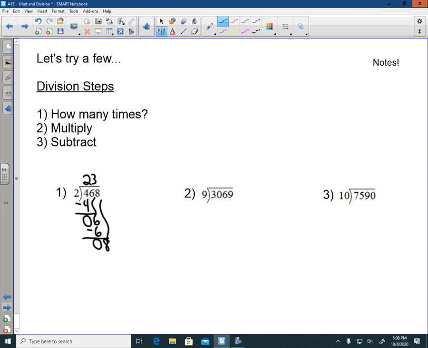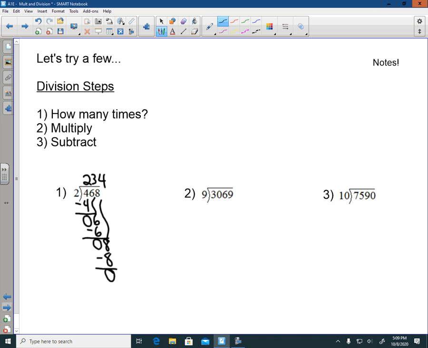Then you ask yourself again, how many times does 2 go into 8? It goes 4 times, so you record that. You multiply that 4 that you just wrote times the 2 that is the divisor, and the answer is 8. And then the last step is subtract, and you ended up with 0, and that's great.